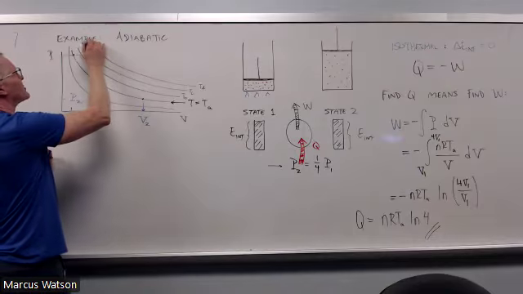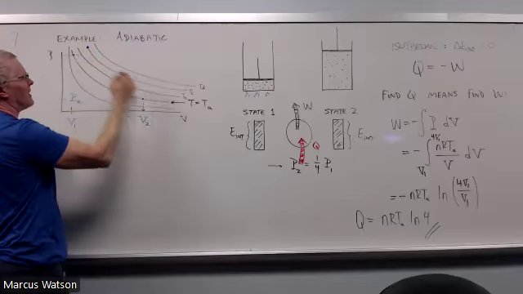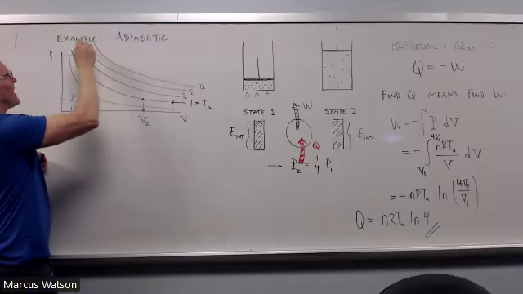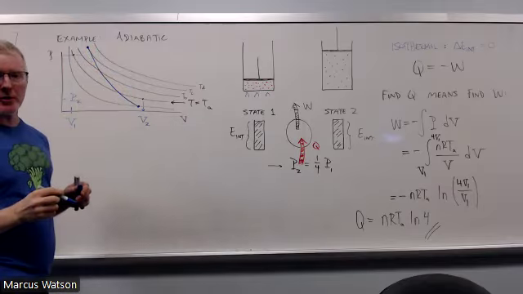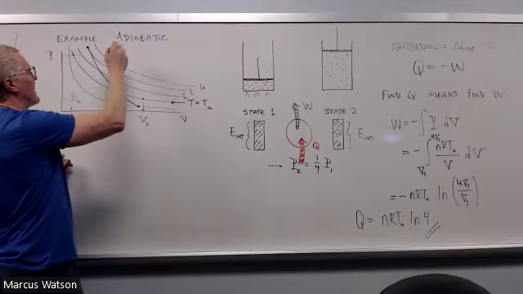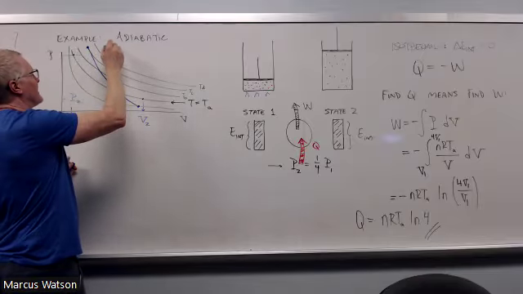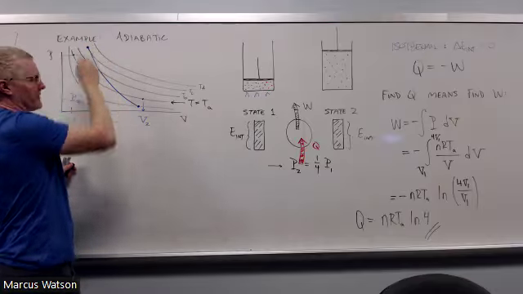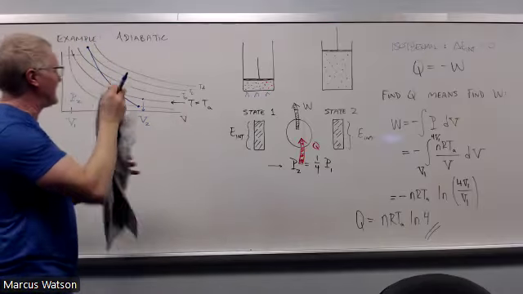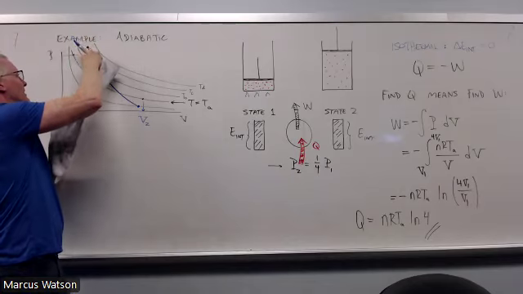In other words, I might start up here at temperature C, and if I'm going along adiabatically, it's sharper. Okay, so the adiabatic, it's a sharper curve. Actually, let me draw that a little bit less sharply.